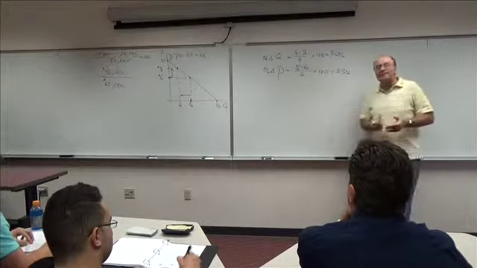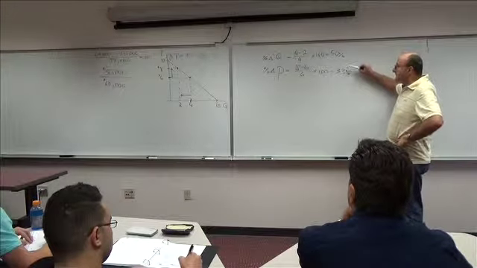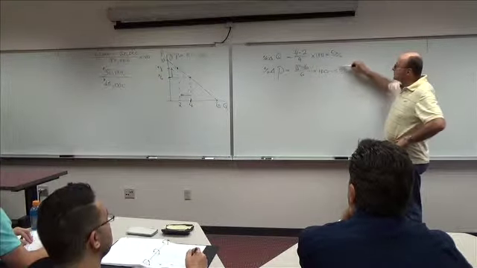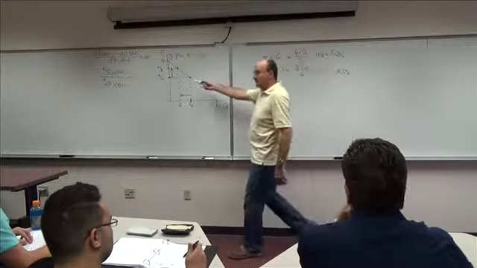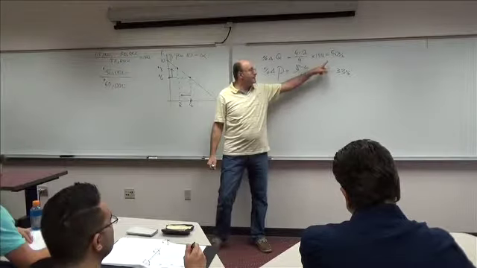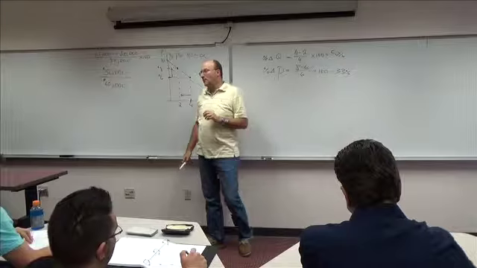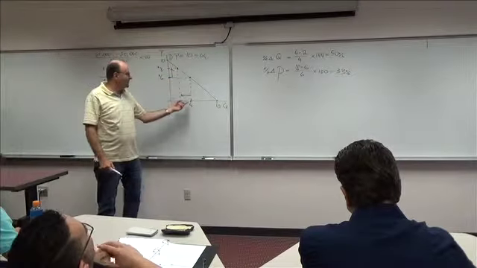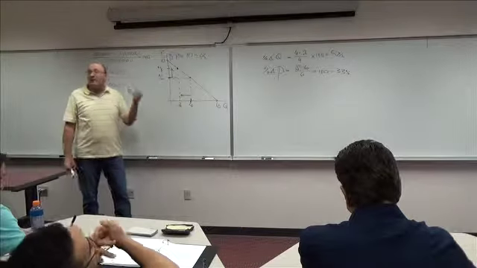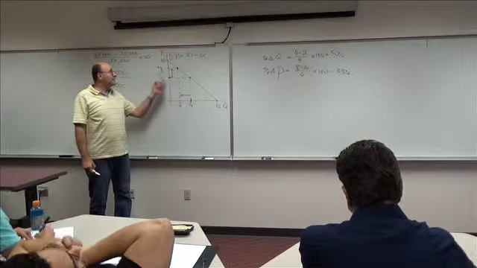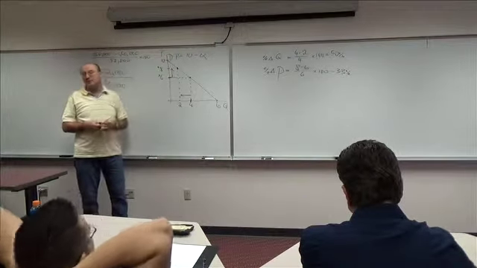So, what did we find out by crunching these numbers? We found out that a 33% increase in price resulted in a 50% what? Decrease in quantity demanded. 33% increase in price resulted in 50% decrease in quantity demanded.